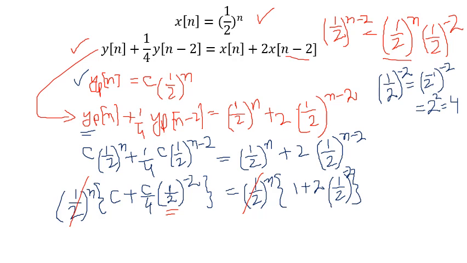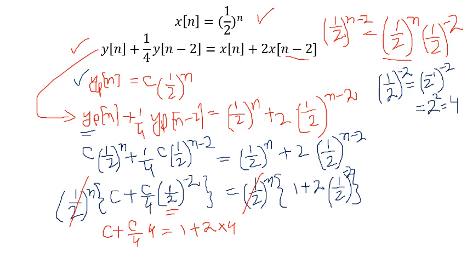So I cancel these two, and this will be c plus c by 4 into 4, and this is equal to 1 plus 2 into 4.